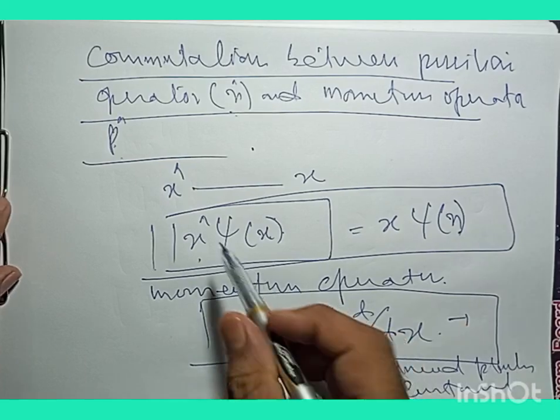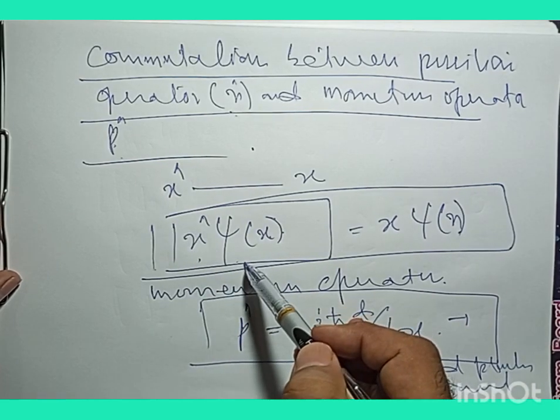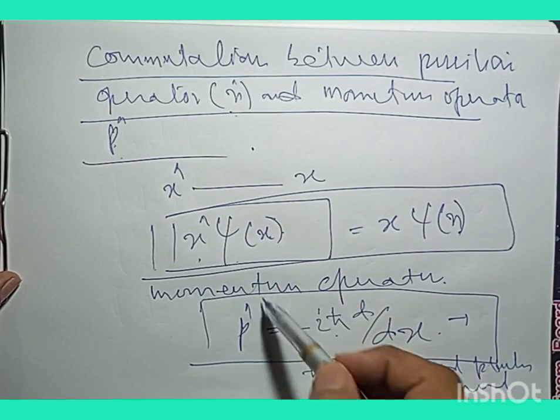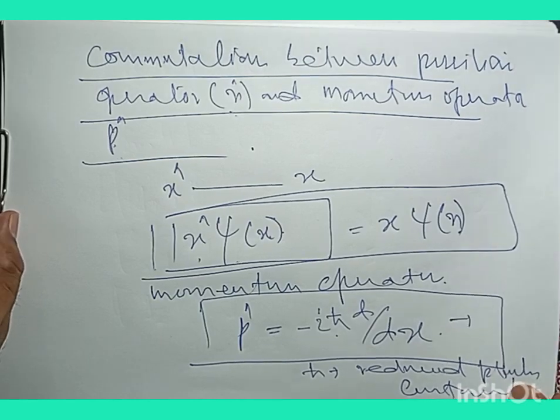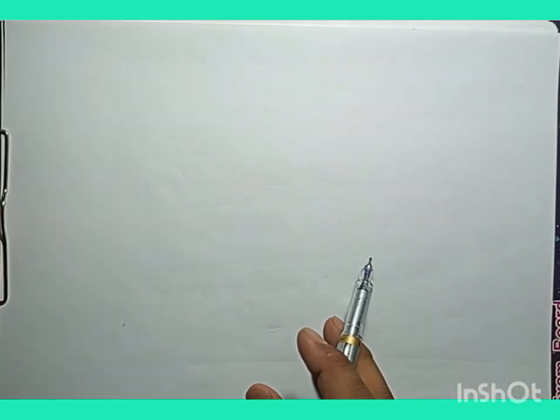So we have a position operator, which can be operated on the wave function psi, and we have a momentum operator, which can also be operated on the wave function psi.